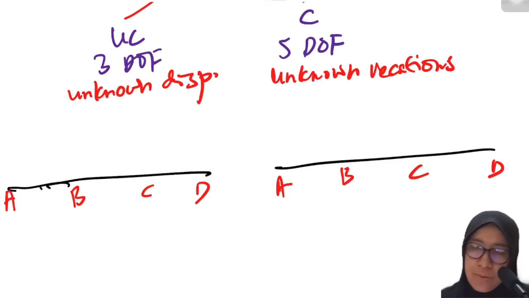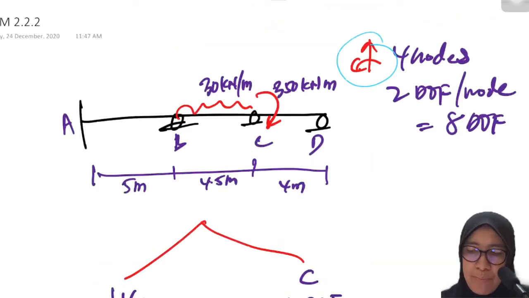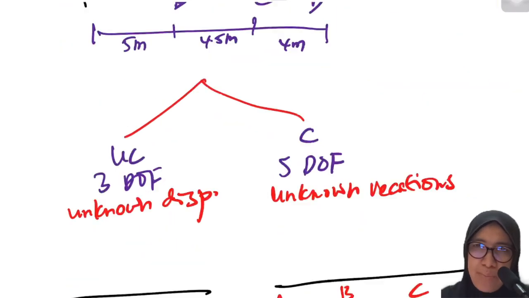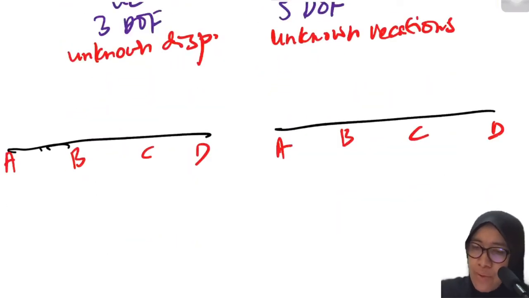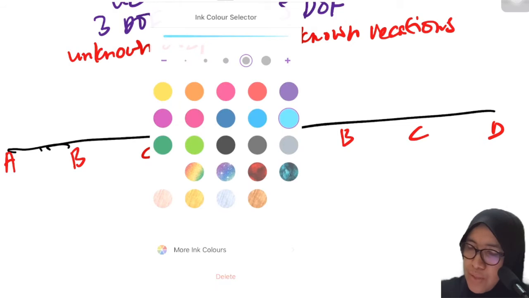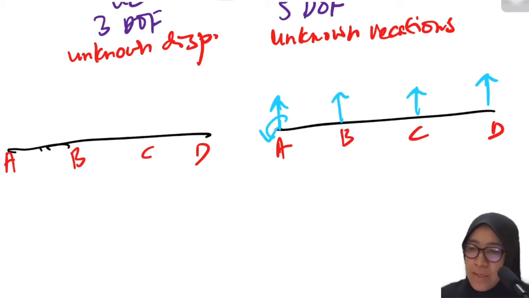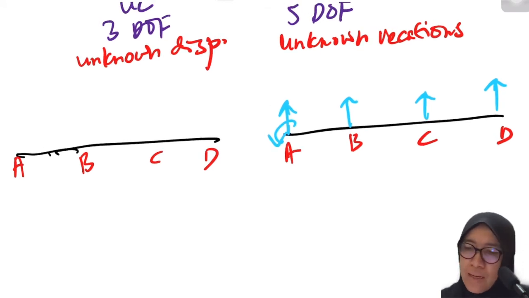Looking back at the main diagram, at B, C and D the vertical reactions BY, CY and DY are in the Y direction, and at A there are Y as well as Z. So we need to fulfill the remaining 3. Remember that each node must have 2 degrees of freedom.